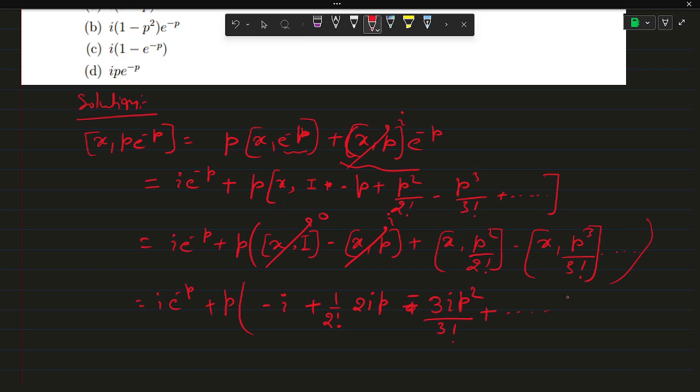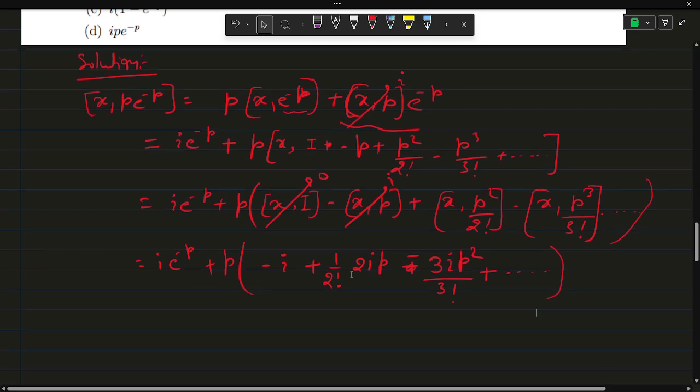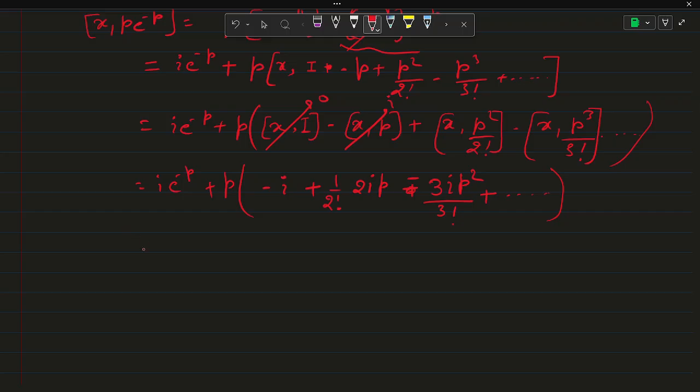So further on higher terms, now again e to the power minus p, taking minus I as common and multiplying p to this bracket term. So it will give p minus p square plus p minus p square.